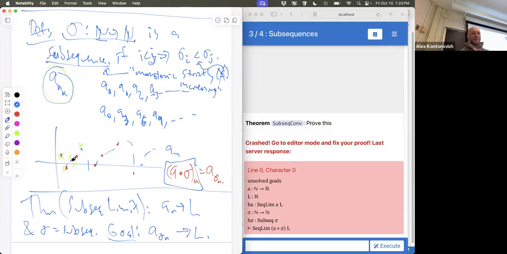So when I do this squishing operation, if a n got closer and closer to L, no matter which choice of points I take from the original sequence and squish, I still get a sequence that's getting closer and closer to L.